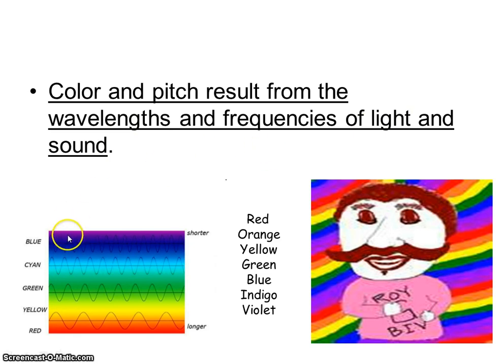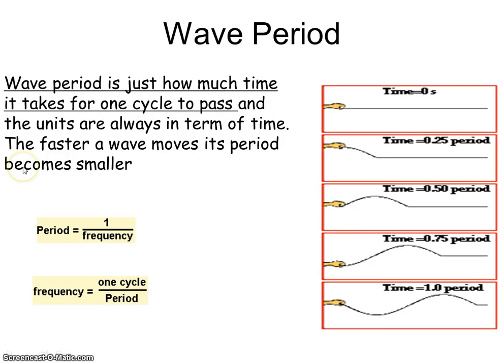Electromagnetic waves are transverse waves, as you can see here, and sound waves are compression waves. So the differences in color that we see and the differences in pitch of the sound that we hear are variances or differences in wavelengths and frequencies.